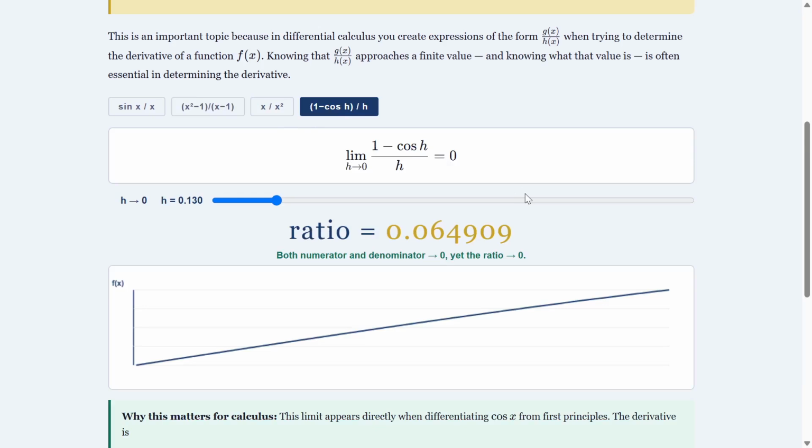So these are 4 examples that show even if our ratio is tending towards 0 over 0, the actual limit can be a different value in different situations. And you have to apply other techniques to find out what that limit is.